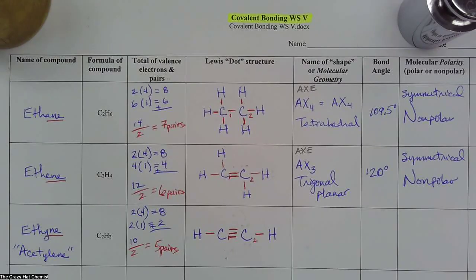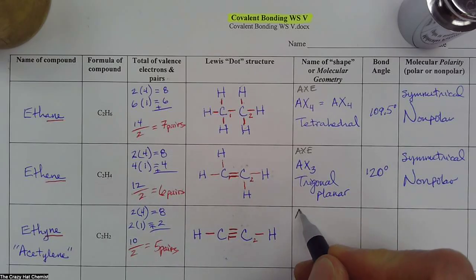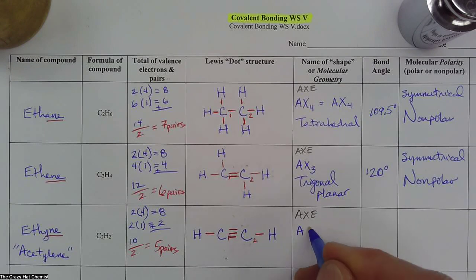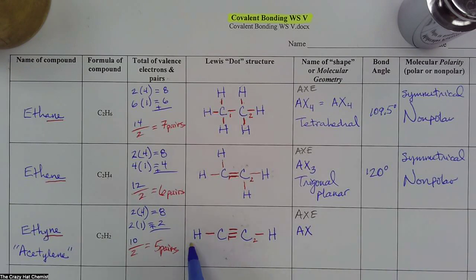All right, fantastic. And then we have a structure here. We're going to have the AXE-like structure, AXE. So our A can be carbon 1, and then our X are the atoms physically attached to that. So there's this hydrogen here and this carbon, that's AX2.